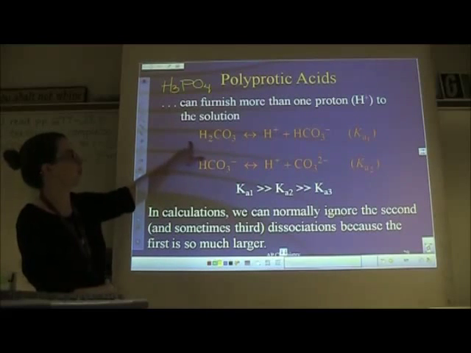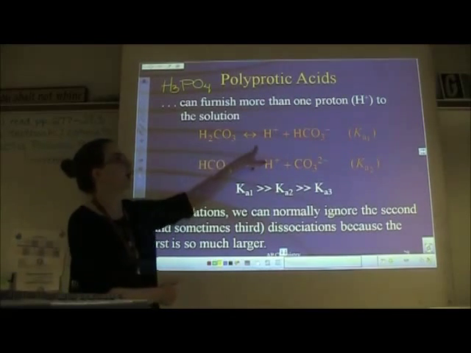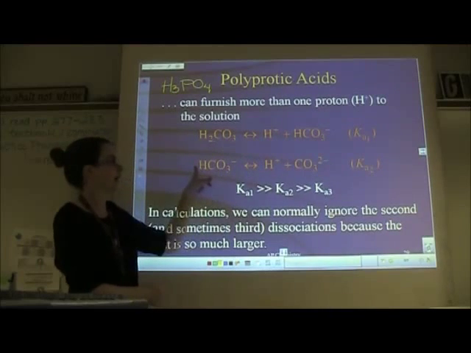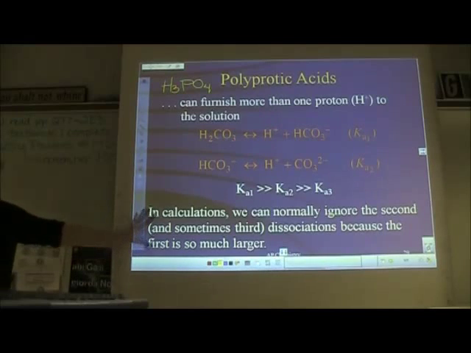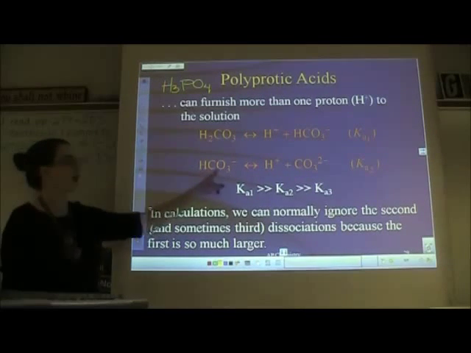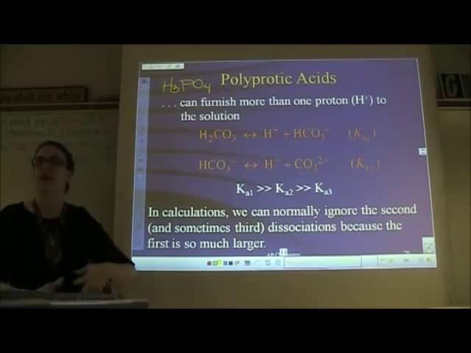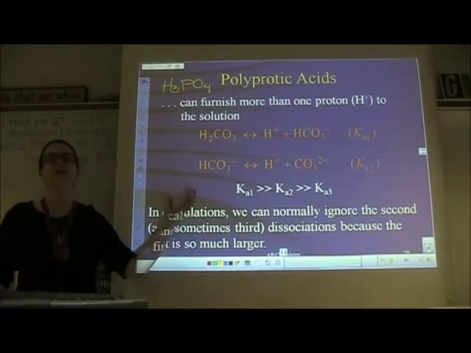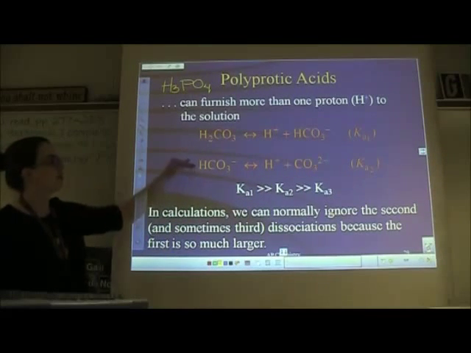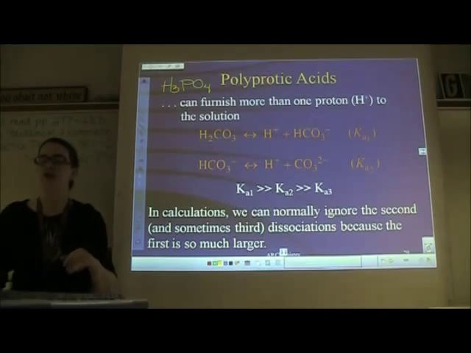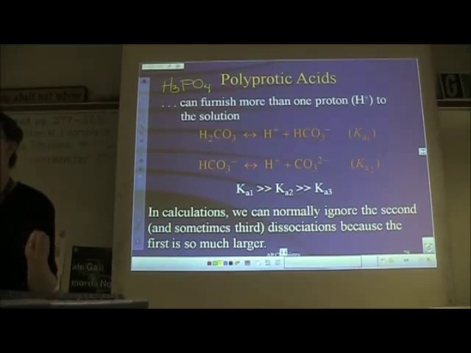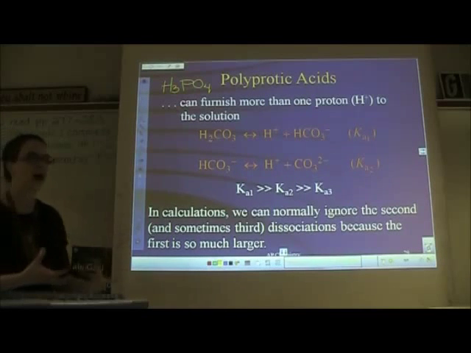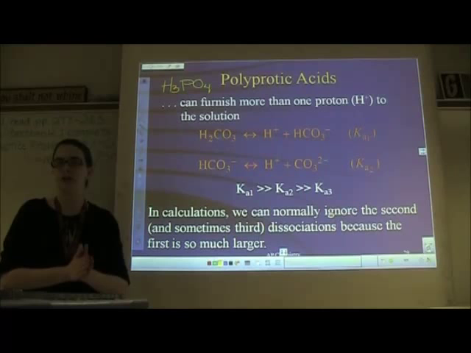Do you agree that this first reaction is producing hydrogen ions? How about the second one? They both are. Here's the point though in this statement. Is this second or even third dissociation producing H pluses? Yes. But these second or third dissociations are producing so few H plus ions that when you round the pH to significant figures, the pH is not going to change.